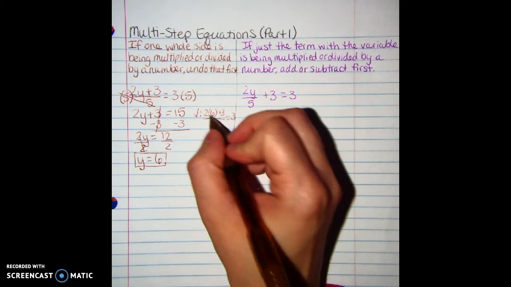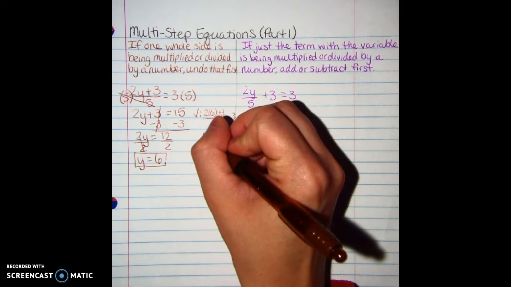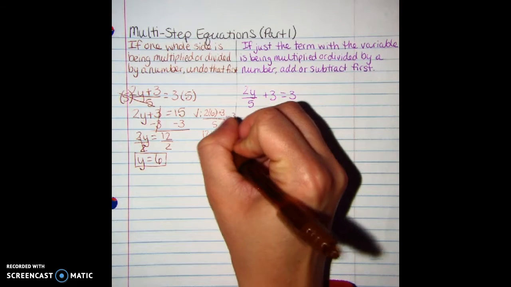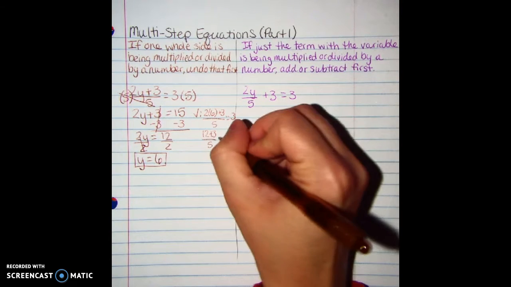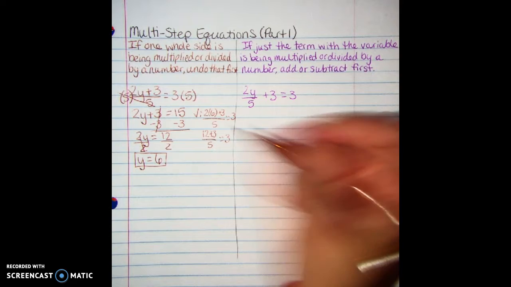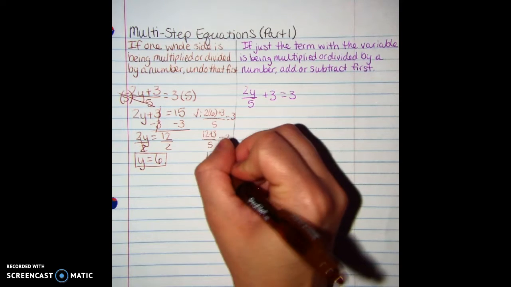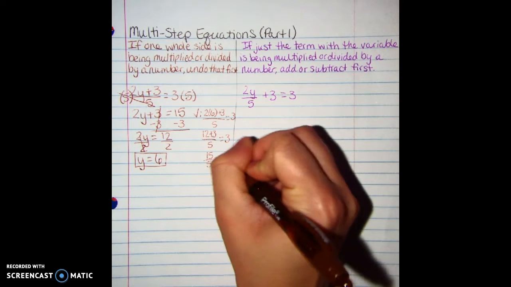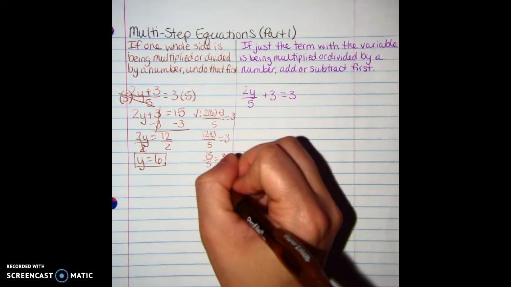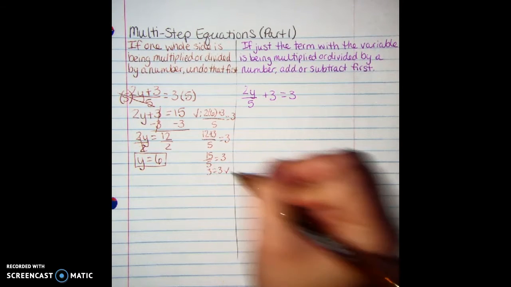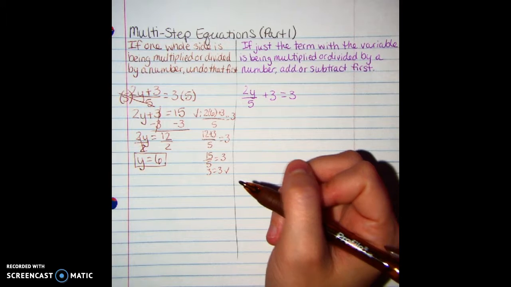Now I'm going to simplify it, so this 2 times 6 is 12. So 12 plus 3 over 5 equals 3. 12 plus 3 is 15. And 15 divided by 5 is 3. So our check worked out, so that is the correct answer.